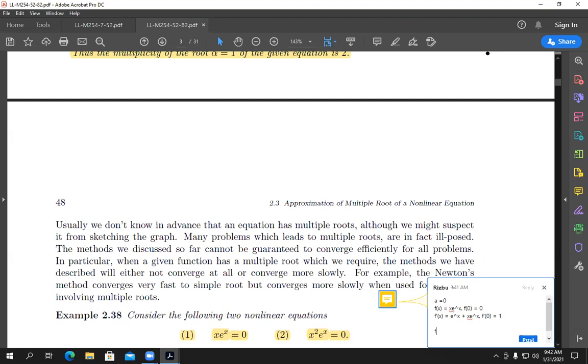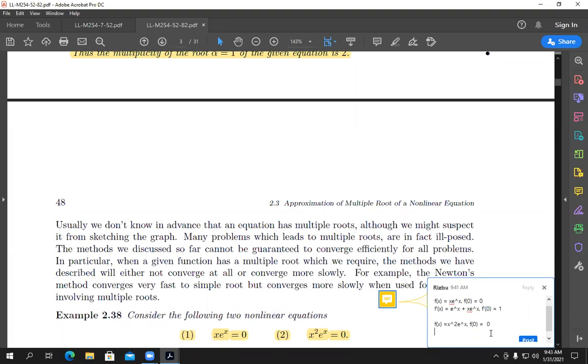Now, talk about the second function. You can easily check if you want. f of 0 equals 0, right, it is a root.